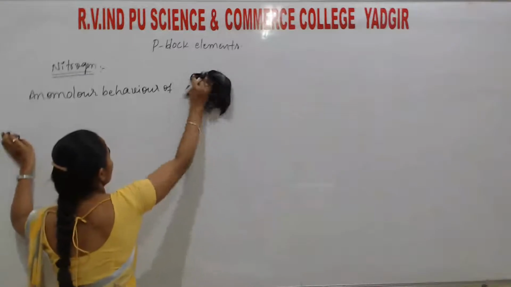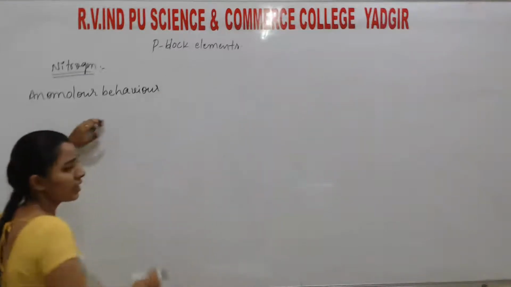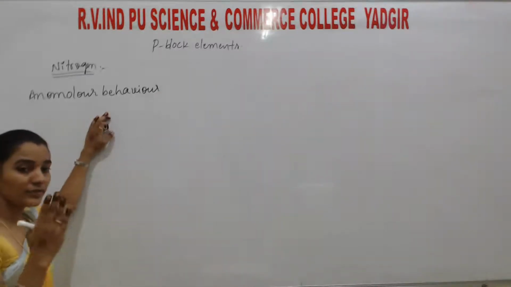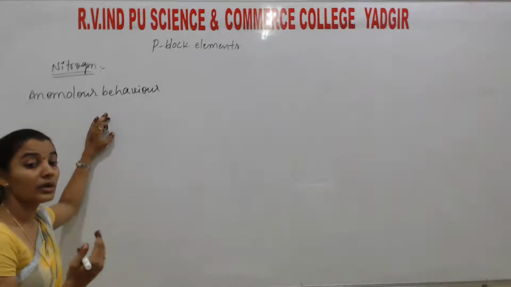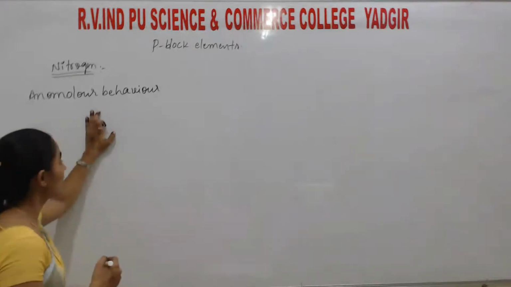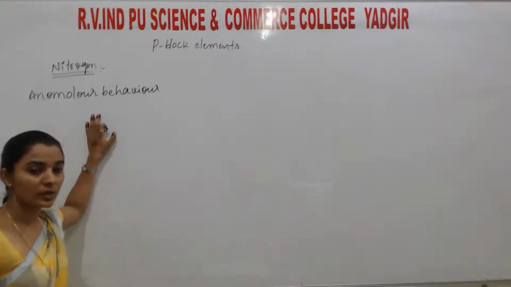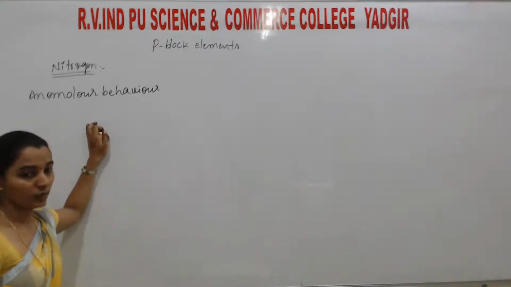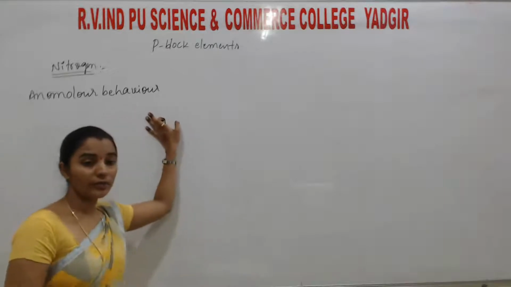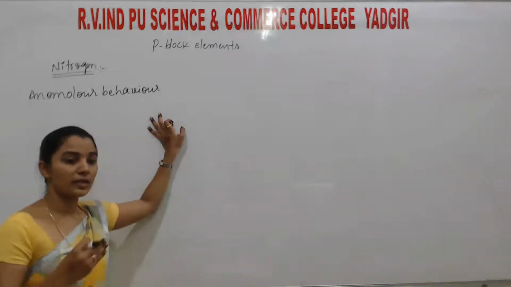Students, 4 reasons are there for anomalous behavior. Why anomalous? It means different. Why does it behave differently from the respective elements of the same group? So nitrogen behaves differently from phosphorus, arsenic, antimony and bismuth.